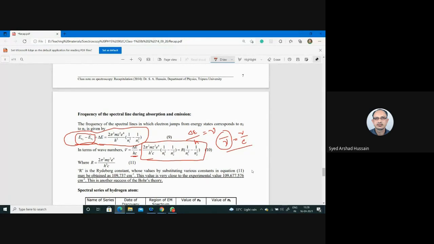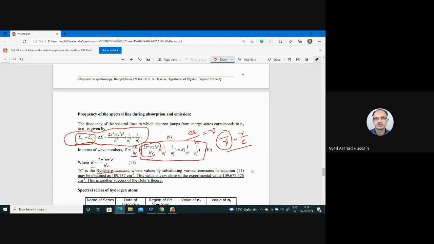Again, this value is a constant, involving 2 pi squared, m, e, h, c, and Z is fixed for a particular atom. So replace this value using R. This is known as the Rydberg constant, and it is constant for a particular atom.